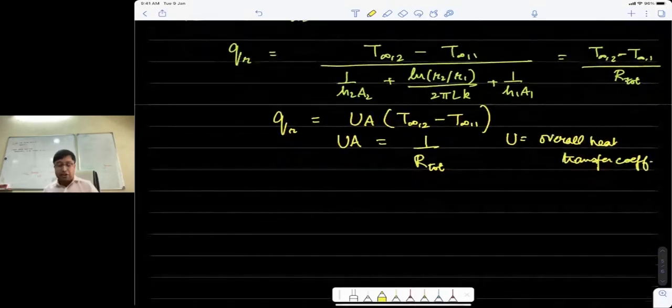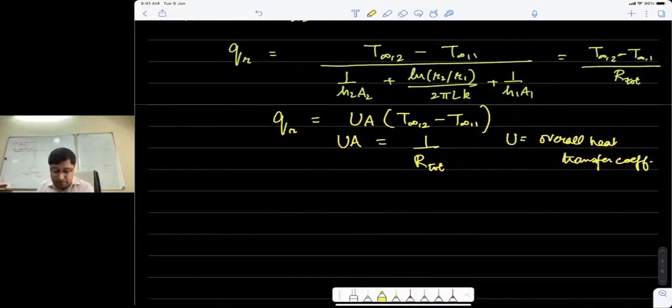But here is a catch in this particular problem. The catch is that we are saying UA is 1 by R total, but A is not a constant. It's actually changing as you go radially out. So which area should we use to calculate the overall heat transfer coefficient?